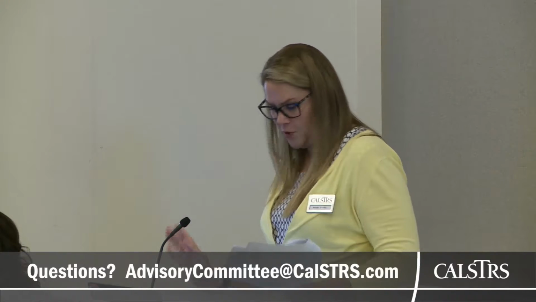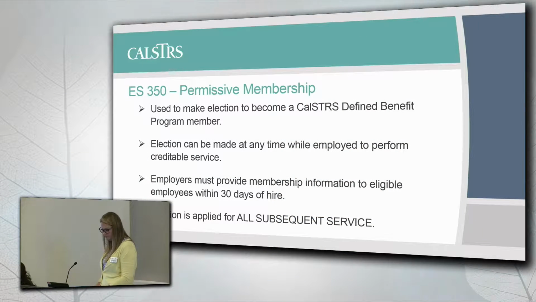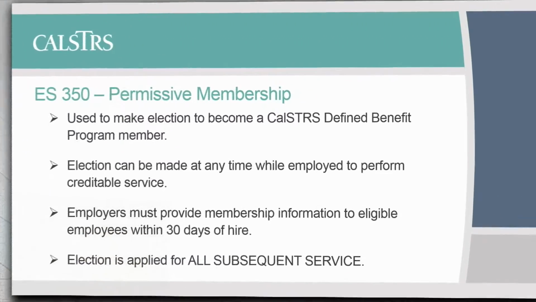Any other questions? Okay. On to the one that I know you're all waiting for: the ES350 permissive membership form. This form is used for an employee to make an election to become a CalSTRS defined benefit member. The election can be made at any time while someone is performing creditable service.